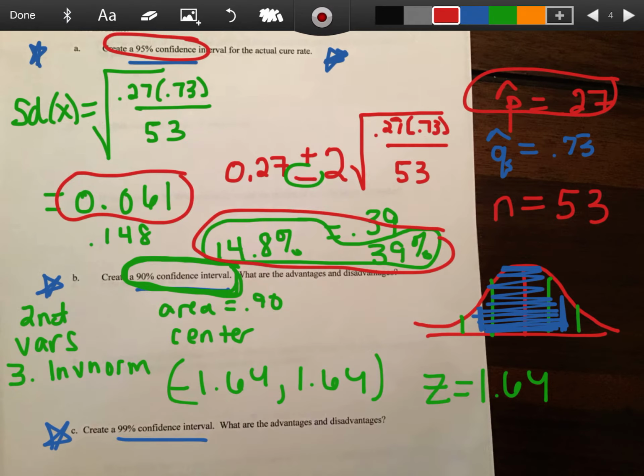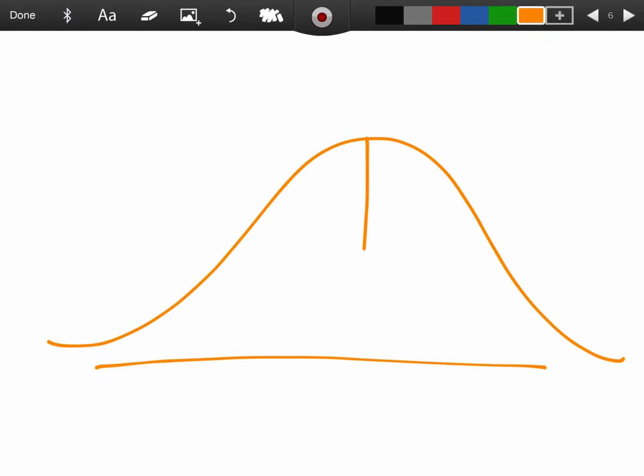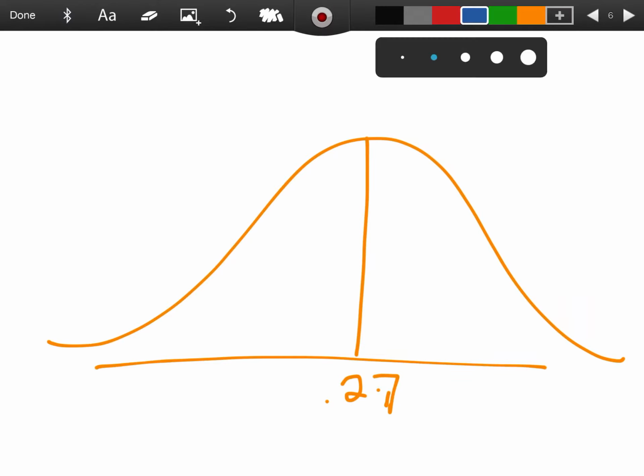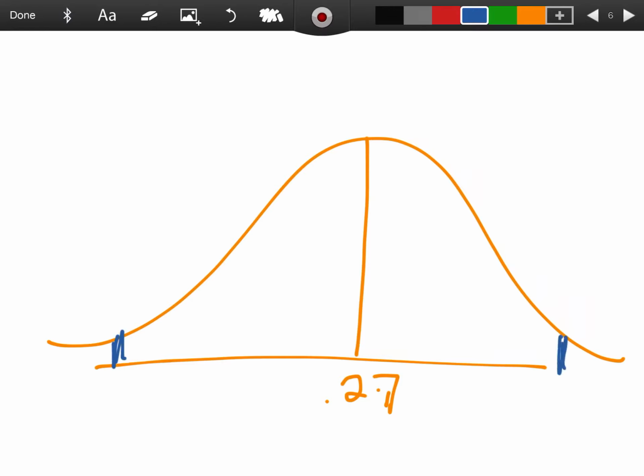So the last one I'm going to do here together as a group is 99% confident. Think, if you're 99% confident you grab your true proportion, you're really going to go all the way out. If we're in this curve, and I am at 0.27, and I want to be 99% confident I get my real answer, I'm going to be way out here.